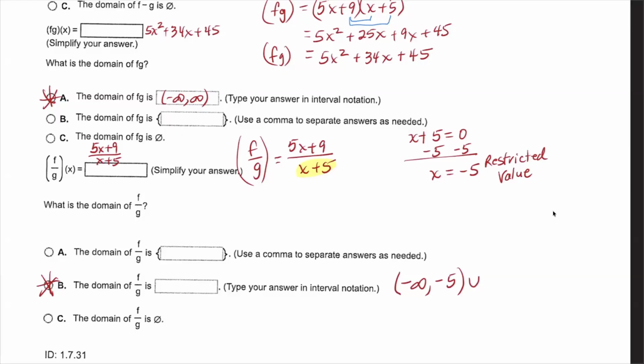So I'm going to use a union, pick up negative 5 on the other side and go to infinity. So that's the domain of that function. The reason we had a domain problem is because it was a rational function with a variable in the denominator.